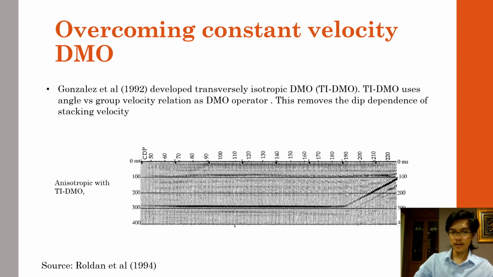In the diagram below, we can see that in an anisotropic layer, by using TIDMO, it shows maximum coherency both in the horizontal event and also in the dipping reflector. So this could overcome the problem caused by constant velocity DMO.